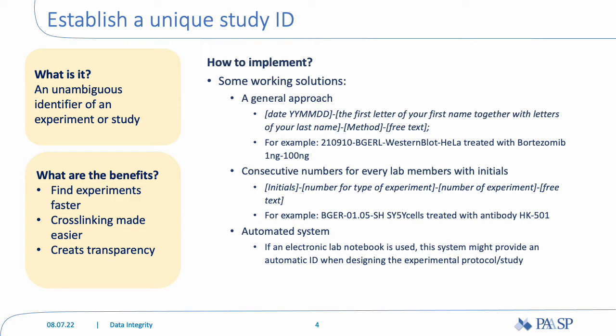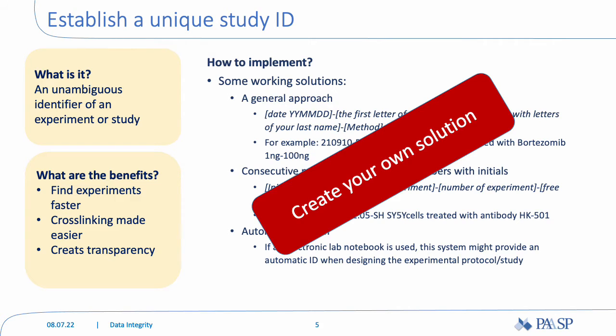Just a brief note that the first two examples, since both of them have the initials of the author, these experiments are attributable and fulfill the first item of ALCOAplus, which is attributable. However, these are just ideas that have proven to work in practice. But in the end, you can create your own solution, and it must work for you, and even better if it works for the entire lab.